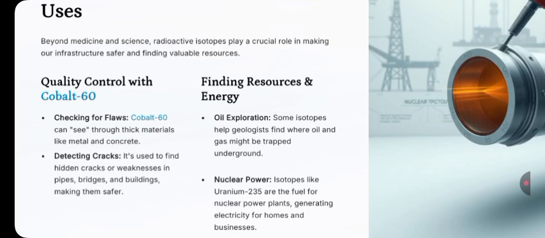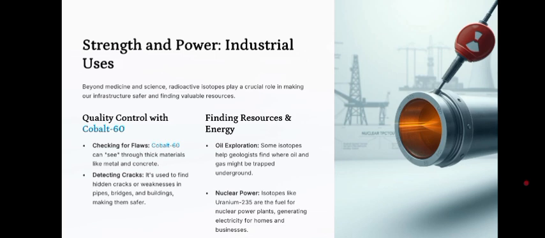Now the nuclear power: isotopes like uranium 235 are used in the formation of atomic warheads, and are the fuel for nuclear power plants, generating electricity for homes and businesses. These are some of the major uses of radioactive isotopes in medicine, industry, and power production.